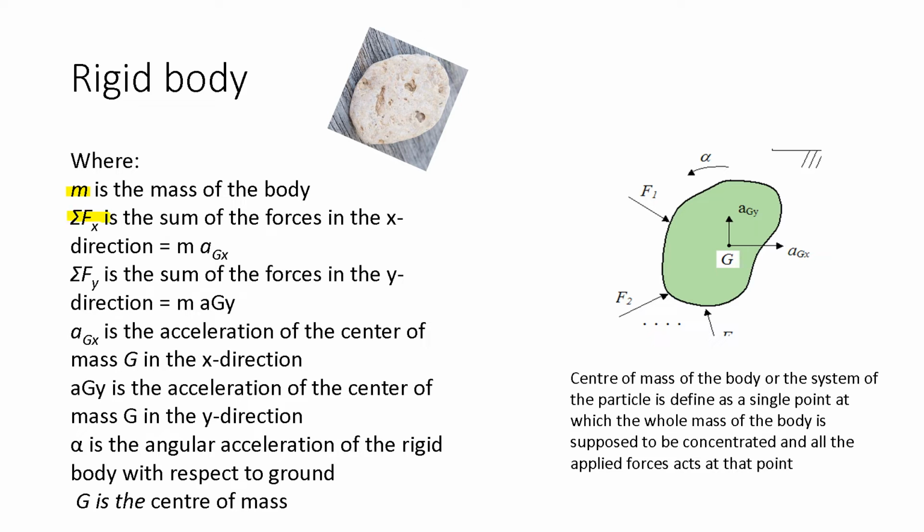Summation of Fx is the sum of forces in the x direction, and that is given by m a_gx. Summation of Fy is the force in the y direction, and its value is given by m a_gy.